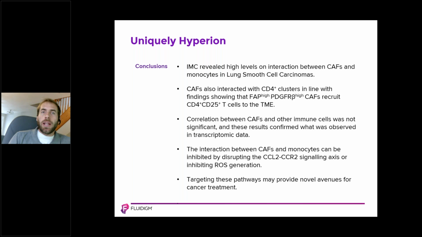And correlation between CAFs and other immune cells was not significant. And these results confirmed what was observed in transcriptomic data. And the interaction between CAFs and monocytes can be inhibited by disrupting the CCL2, CCR2 signaling axis or inhibiting ROS generation. And targeting these pathways may provide novel avenues for cancer treatment down the road.